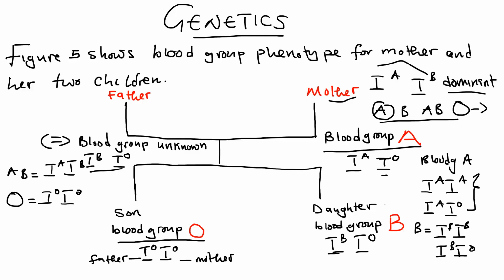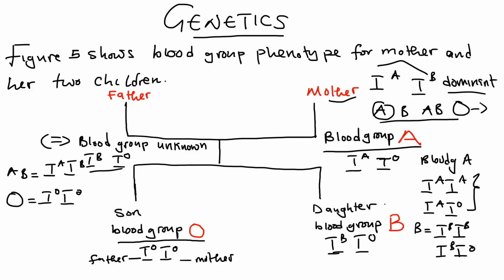That is the reason why, from the son here, who is blood group O, we are able to tell that O is coming from the father and O is coming from the mother. Therefore the mother has an O, and the father also has an O. Now, the mother we are saying is A, so the only allele remaining is A, to make the full genotype of the mother.